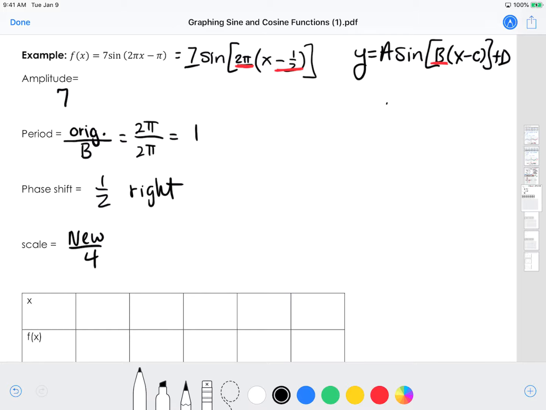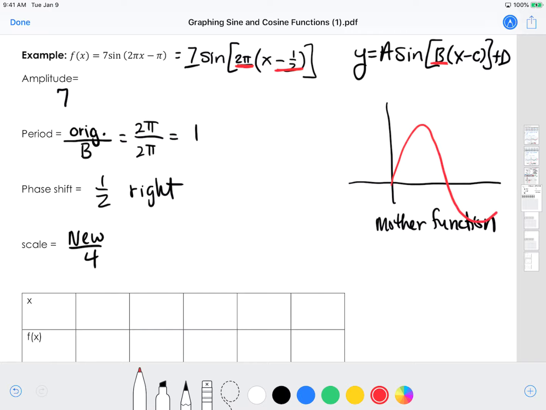So let's back up and look at our cycle for the mother function before it's translated. So here's what my mother function looks like before it's translated. Here are my key points. And it breaks it up into 4 chunks, right? This chunk, this chunk, this chunk, and this chunk.